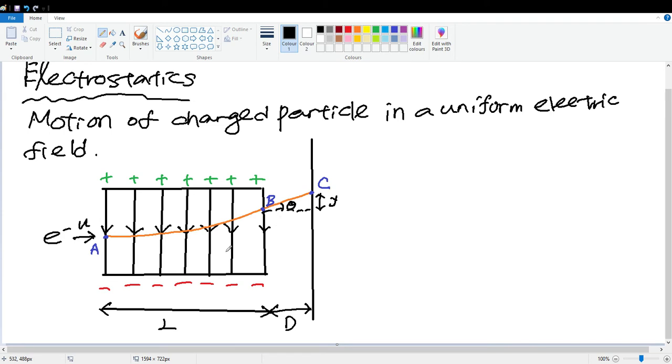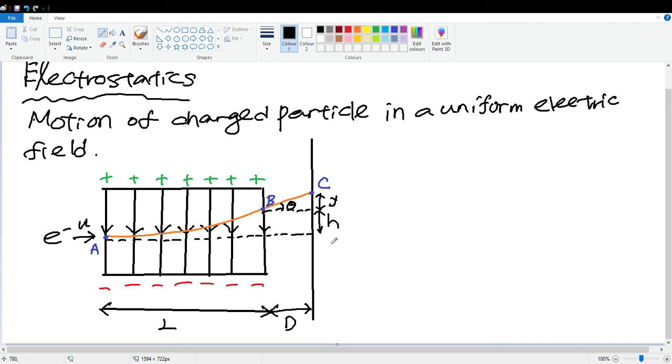There's another distance, which I shall denote as h. This h tells us the vertical distance that the electron deflects while in the region of the electric field.